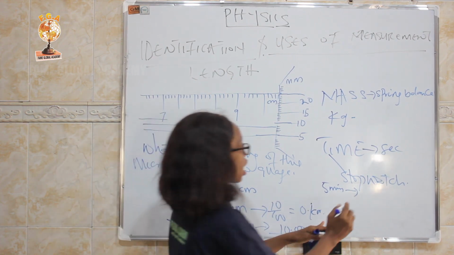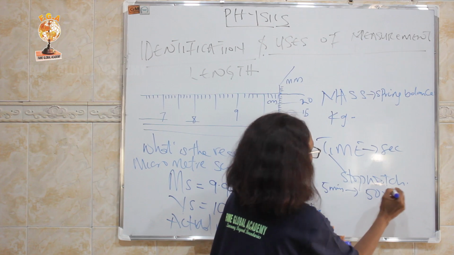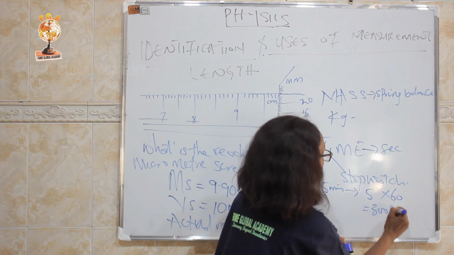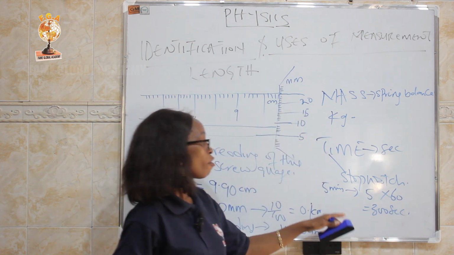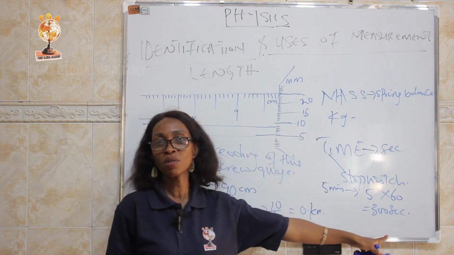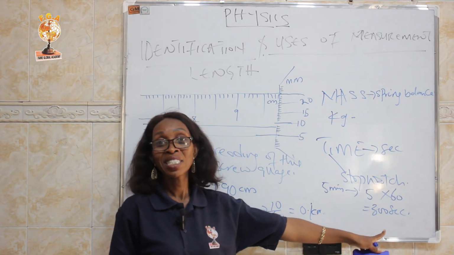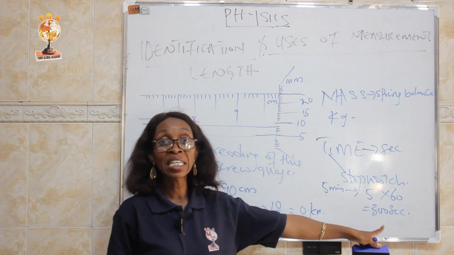I will say 5 times 60, which is 300 seconds. So 5 minutes is 300 seconds.